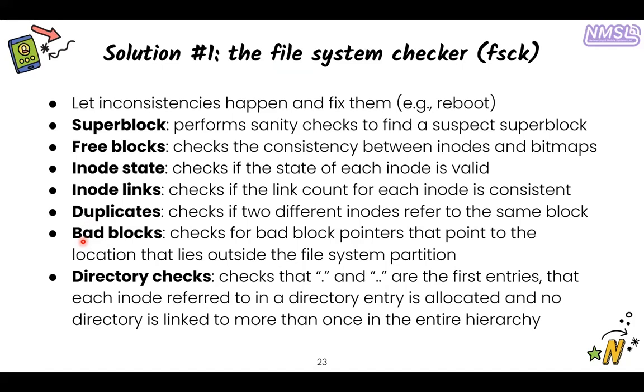It also does the directory checks. You want to make sure only the directory itself and the parent directory are the first entries, because otherwise something's wrong. And also that each inode referred to in a directory entry is allocated, and no directory is linked to more than once in the entire hierarchy. So just go through one by one. If things happen, we'll try to fix it. So that's the attitude.